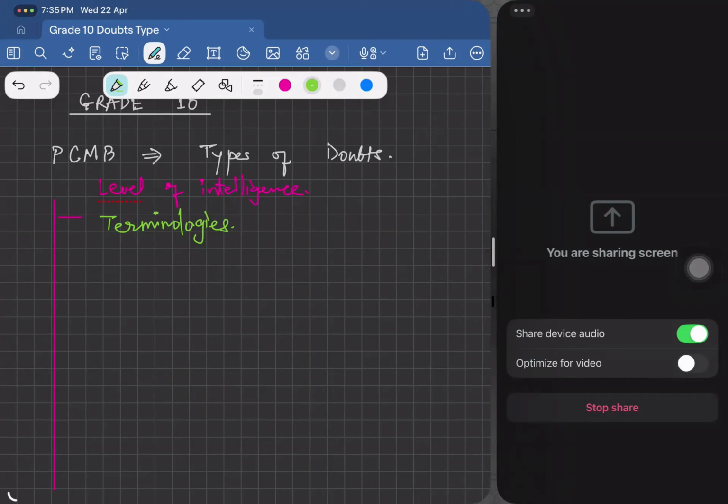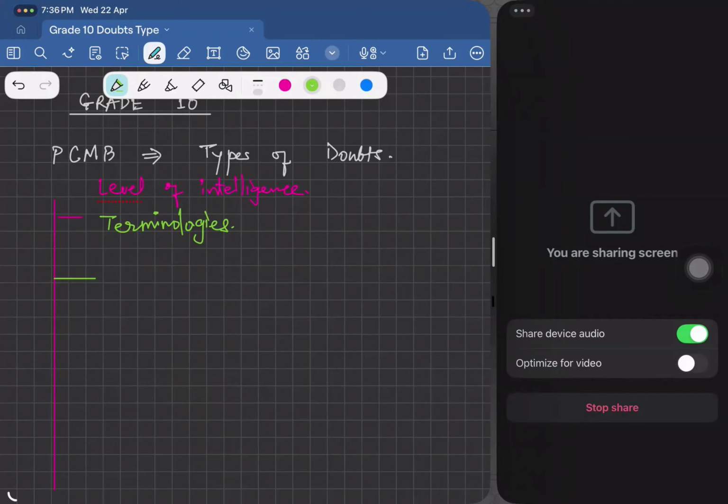You can mute someone, there is an admin. You understand the terms and everything that is there on Zoom. I'm just taking an example. Knowing all those things is the first level of intelligence, where you get to understand the terminologies.